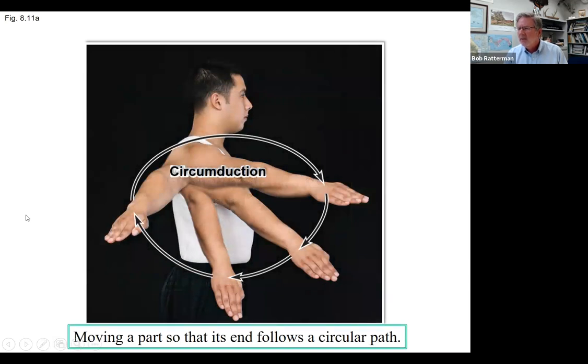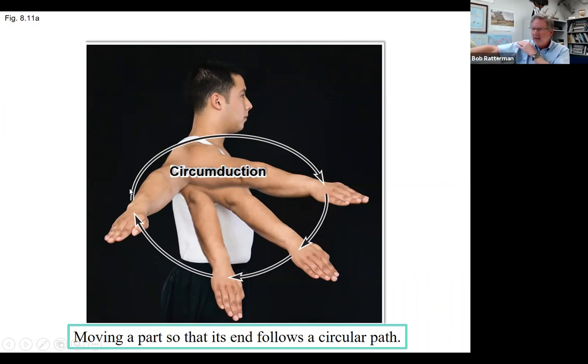Circumduction is where the joint, as the articulation occurs at the joint, we in essence sketch an artificial circular path, as you see from this diagram. It's sort of like drawing a cone, where the top of the cone is the fixed part of the elbow, and the hand defines the bottom of the cone, an imaginary cone that we're drawing.